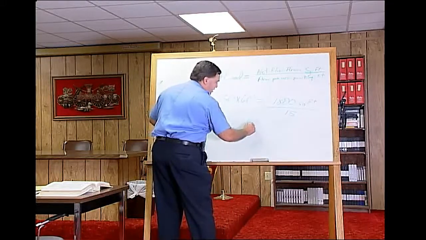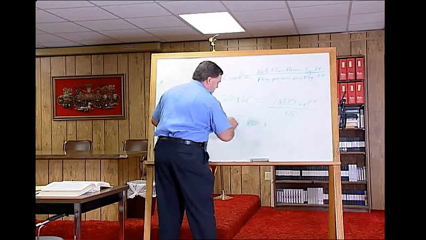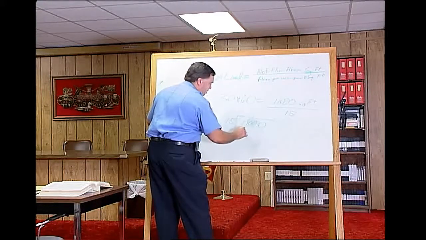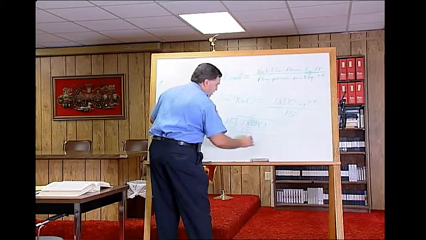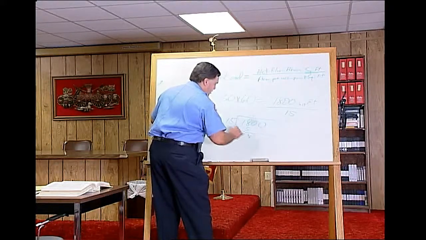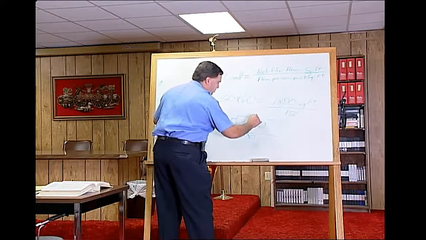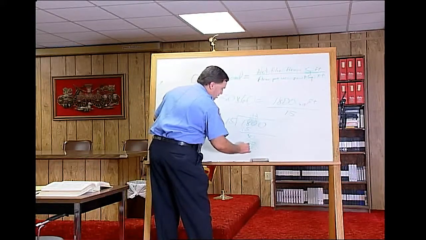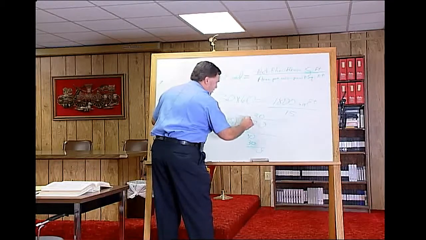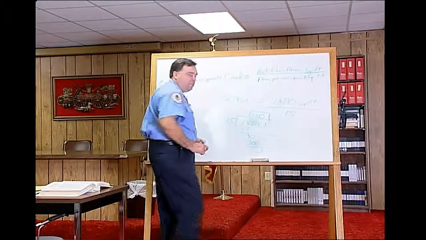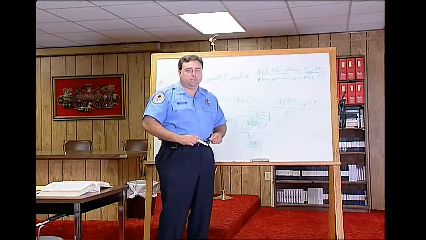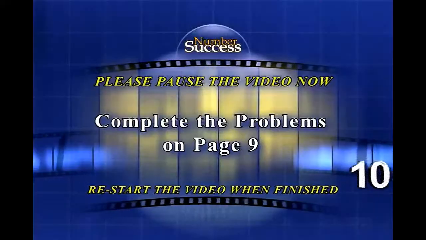So take 1,800 divided by 15, which is 1, 15, 3, 15 into 30, 2. So that means we can have 120 people in that area and keep them safe.